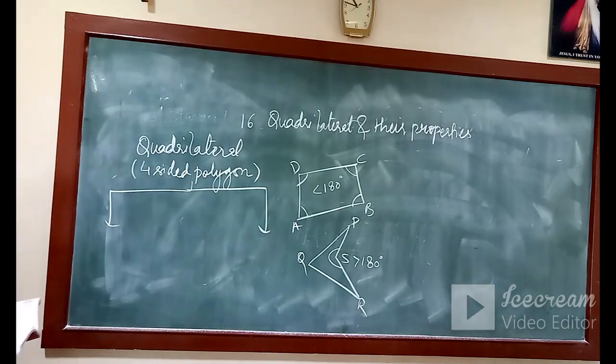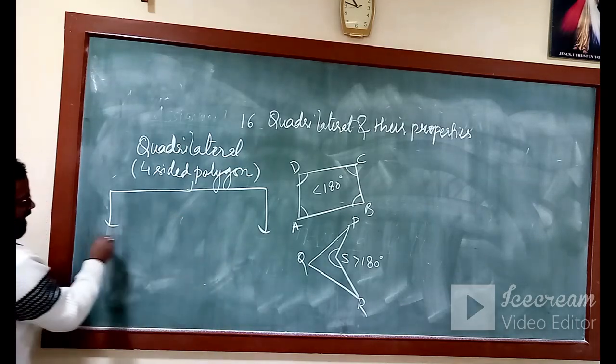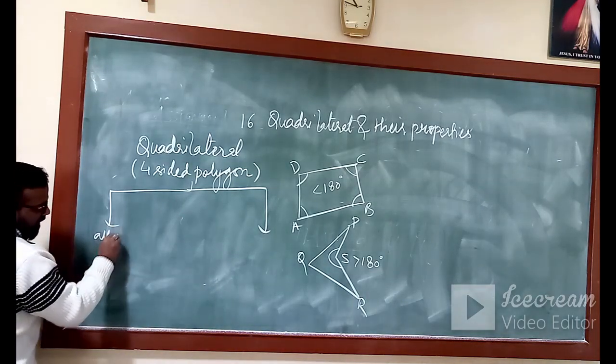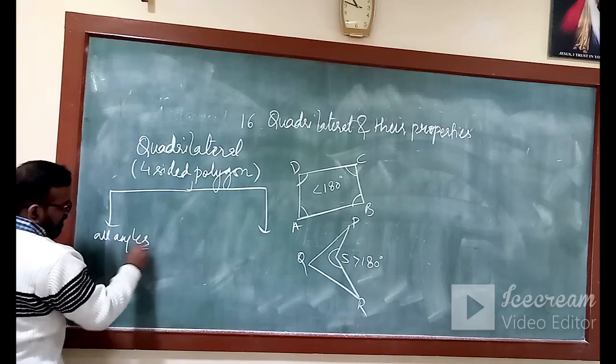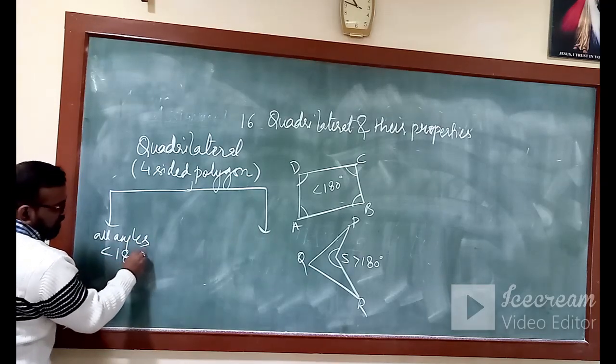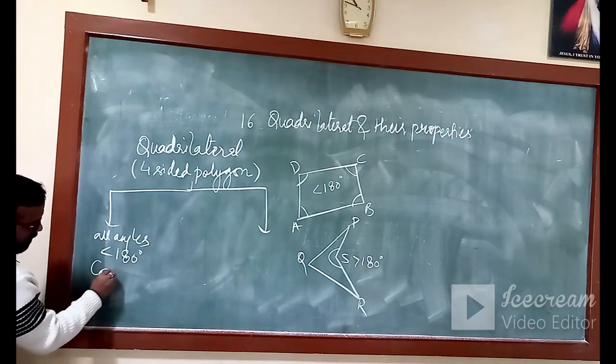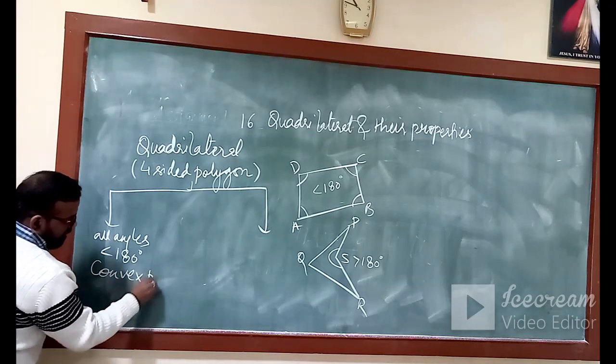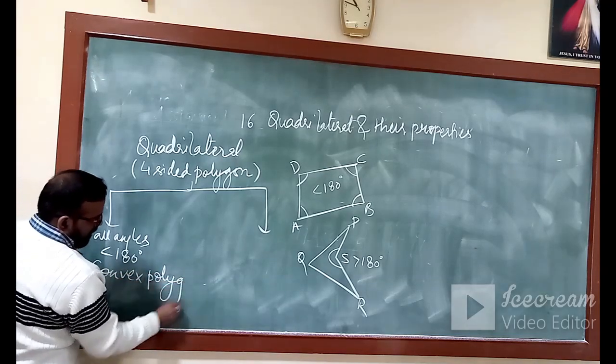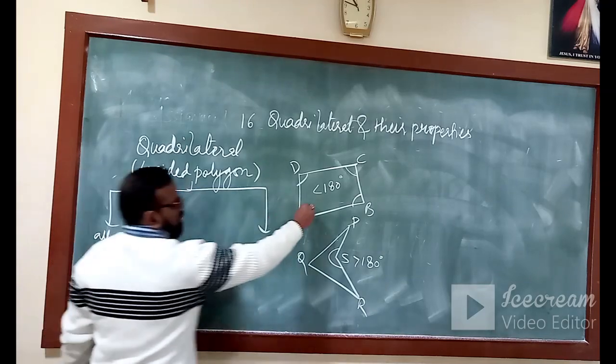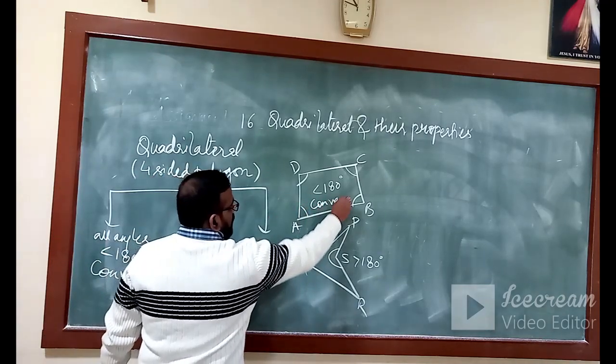So when all angles are less than 180 degree, that is the first figure, that type of polygon is known as a convex polygon.